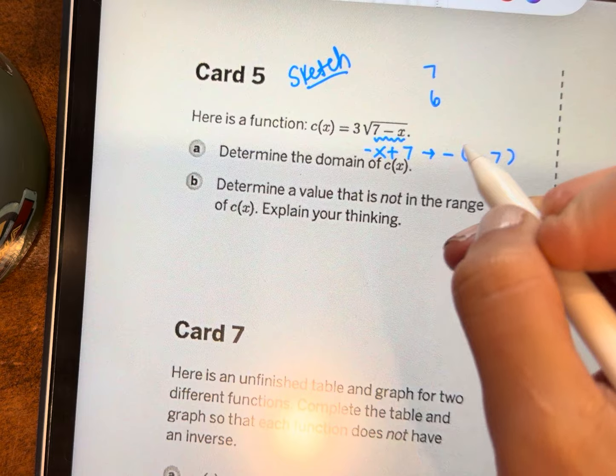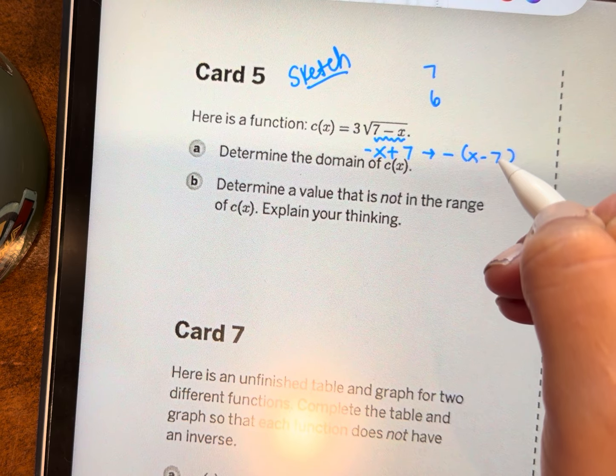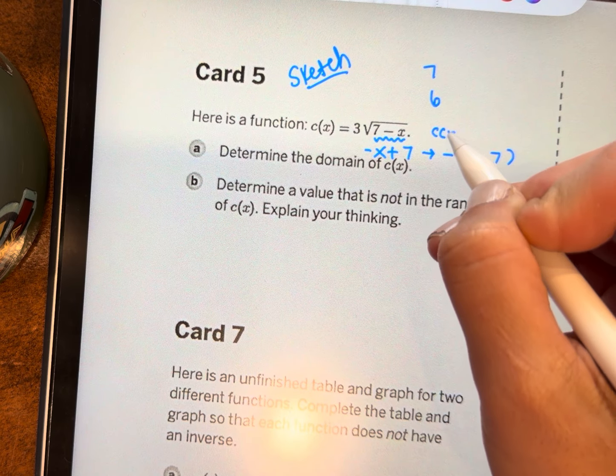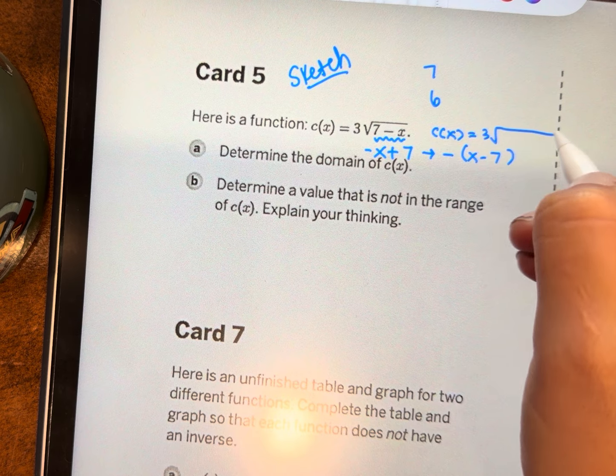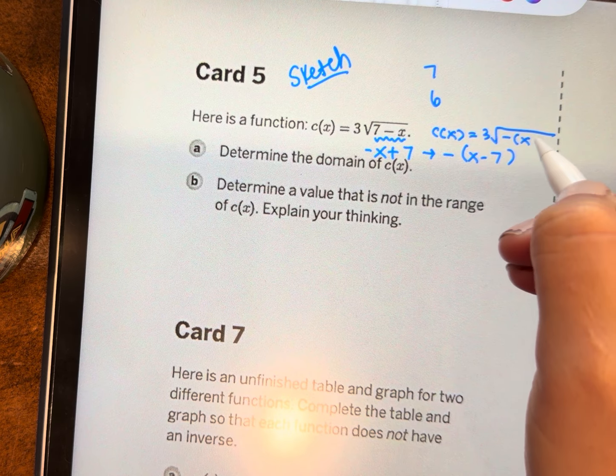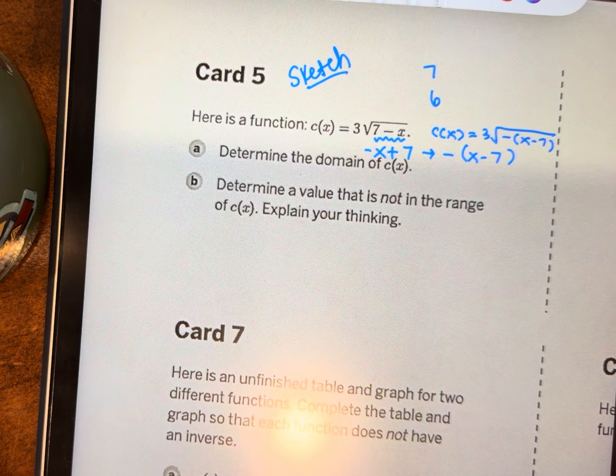And so this function really should have been written as c of x equals 3 times the square root of negative x minus 7. Like that. And then I would trust a sketch made out of transformations. But I feel like it's just not worth it.